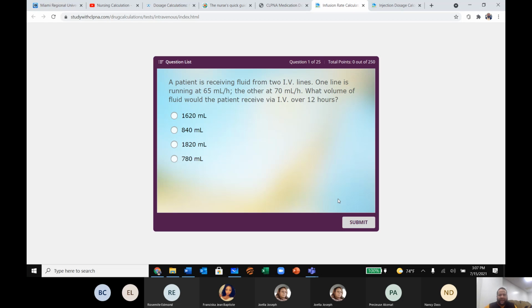Okay. Does anyone have any idea on this problem? Wait, Prof, let me try.